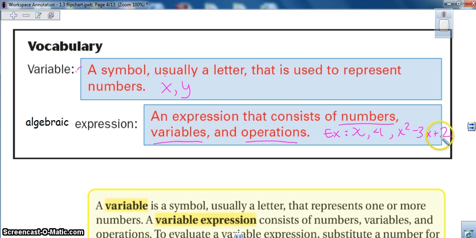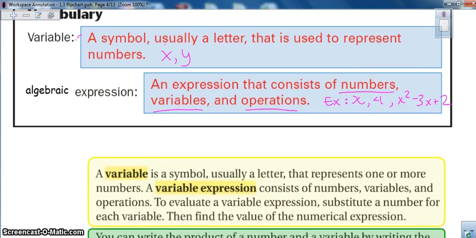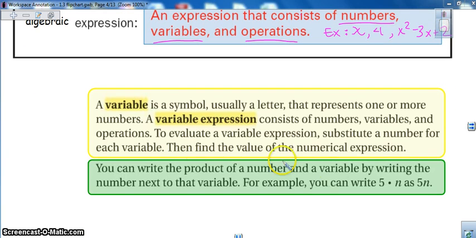We have subtraction, addition as our operations, and we have variables and numbers. Sometimes you'll see it called, instead of algebraic, a variable expression. Again, variable and algebraic, same thing. Numbers, variables, operations. We tonight did some evaluation when we got it down to one number solution. So remember, simplifying or evaluating is getting it down to one number solution.